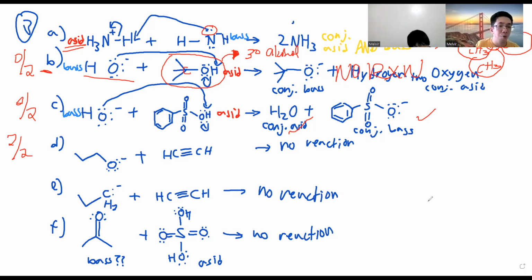CH3CH2O eh. Oh, mali pa yung letter D mo sa pag-drawing. Ethoxide lang dapat. So, burahin mo yung dulo. Kasi CH3CH2O minus lang yan eh. Should be, ayan, ganyan lang siya. So, no reaction ito. Sige, 2 out of 2 yan.